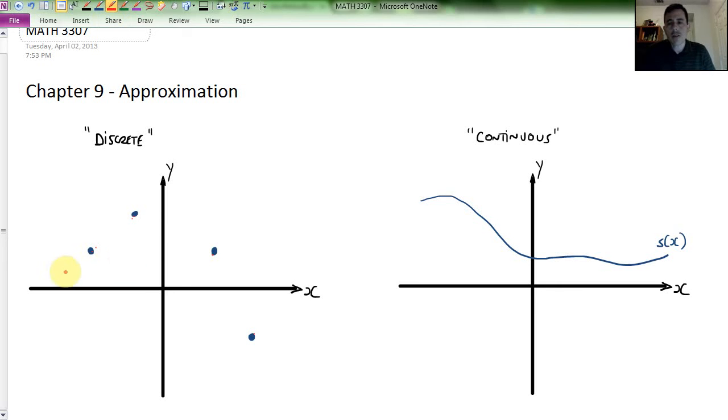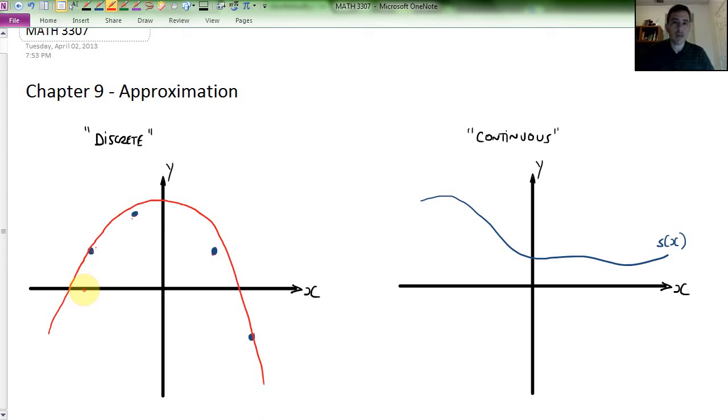Okay. Or you could also approximate these 4 points with a quadratic function or with any other function. So with a quadratic function, if you have 3 points, you might be able to find a quadratic function that will go exactly through those 3 points. But if you have 4 points, that may not necessarily be true. So perhaps your quadratic function will maybe go through this point, but it might go something like that.